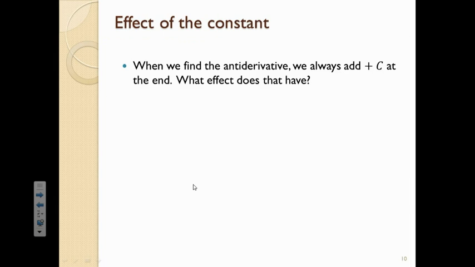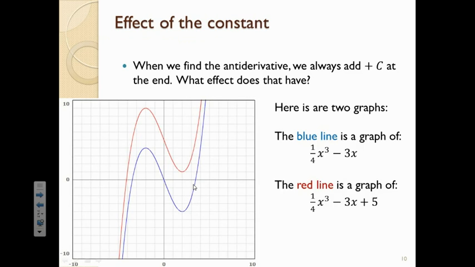Now, what is the effect of this constant that we've been working with? Well, we always add this plus c at the end. And we say, well, it's some constant, and so far we haven't defined what it is. But what effect does that have on the antiderivative? Well, here are two functions. Let's suppose that these were the antiderivatives of a function that we were given, and we calculated it to be this.